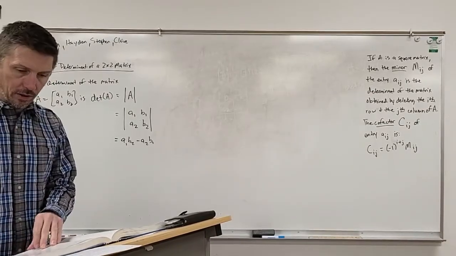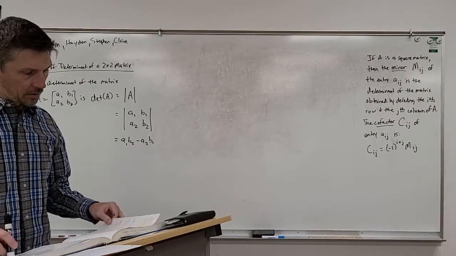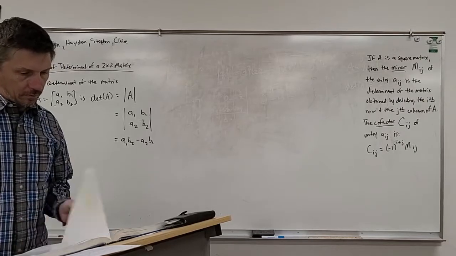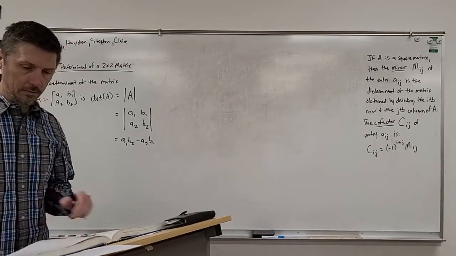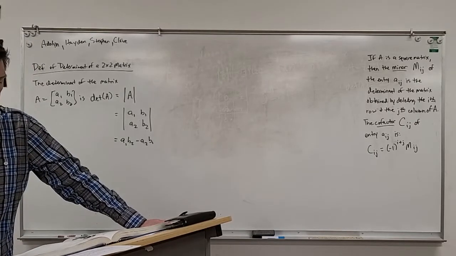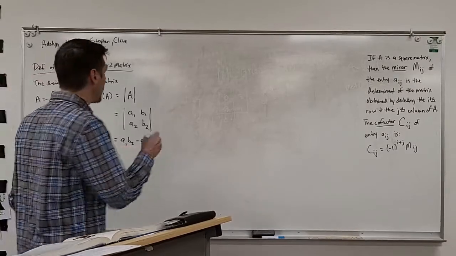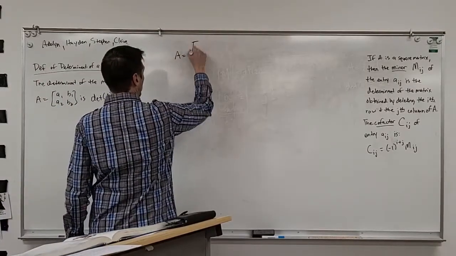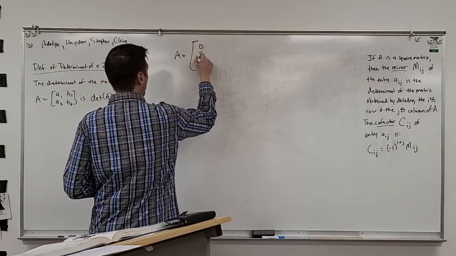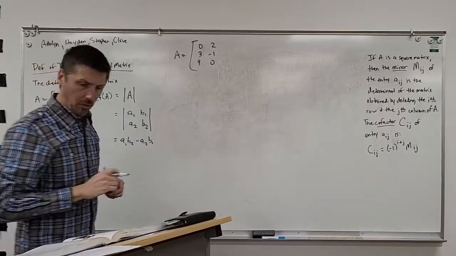So let's see, where do I want to go? Page 543. So they give us an example 2. They say A is equal to the matrix 0, 3, 4, 2, -1, 0, and 1, 2, 1.